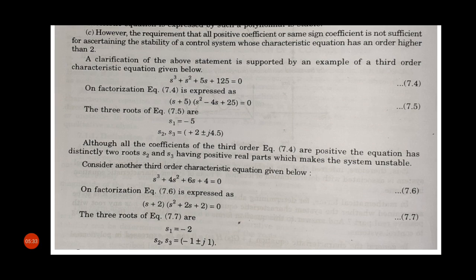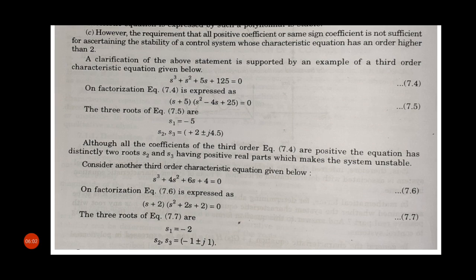This is a third order characteristic equation, so obviously there are three roots. The first root is minus 2 and the other two roots are minus 1 plus minus j1. So it is observed that none of the roots of equation 7.6 have positive real parts. Therefore the system is stable.